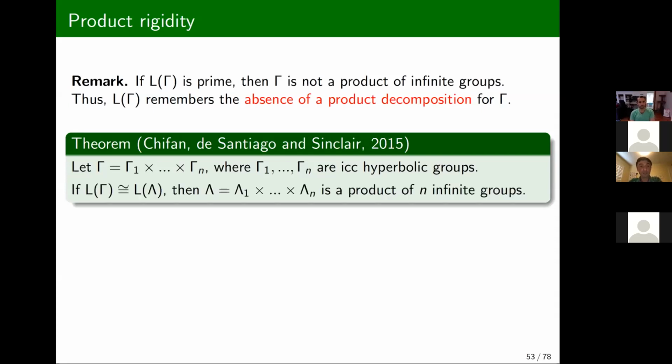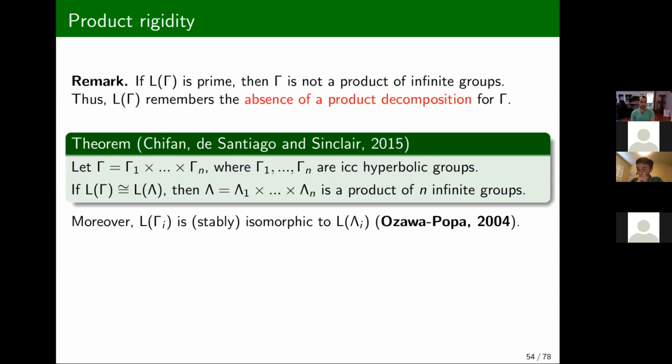Then if L of gamma is isomorphic to L of lambda for some countable group lambda, then necessarily lambda is itself a product of n infinite groups. Okay, so if you take gamma to be F2 times F2, the free group on 2 generators times itself, then any other group lambda which gives you an isomorphic von Neumann algebra would have to also be a product group.